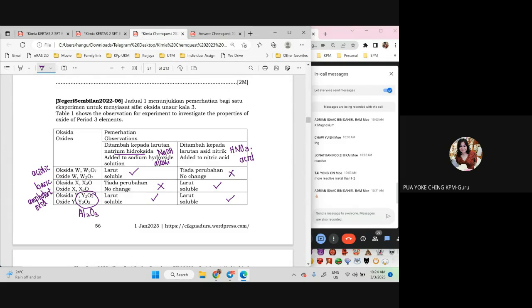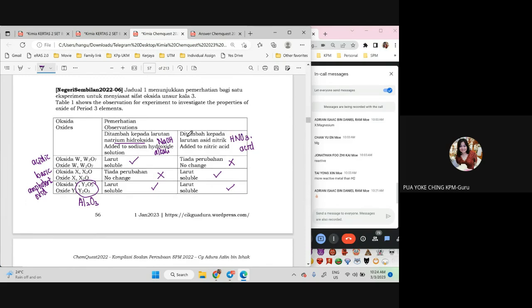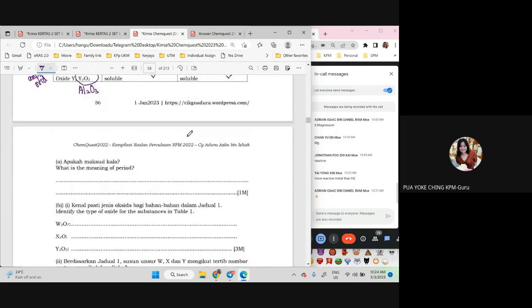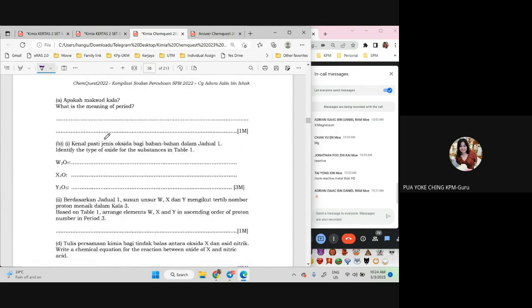Amphoteric oxide only has one example, which is aluminium oxide. So this is identifying the type of oxide, not the name. For the type of oxide, you just write acidic oxide, basic oxide, or amphoteric oxide.